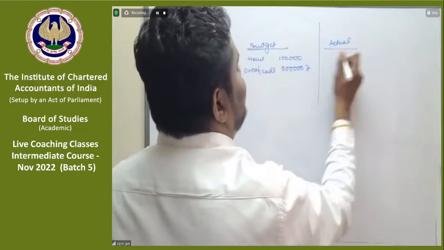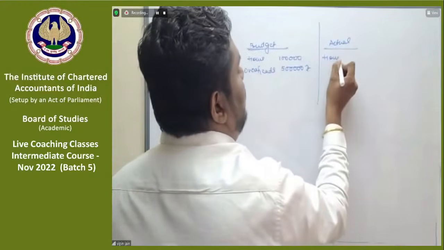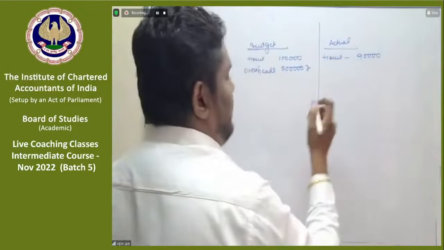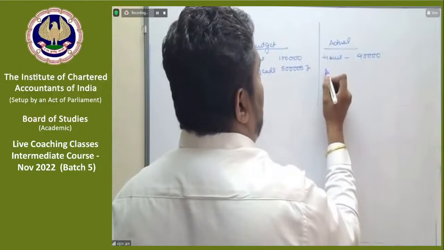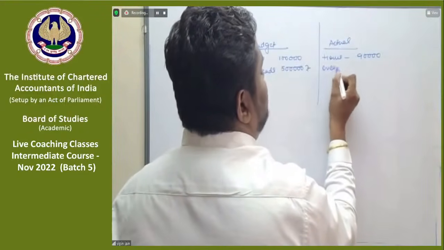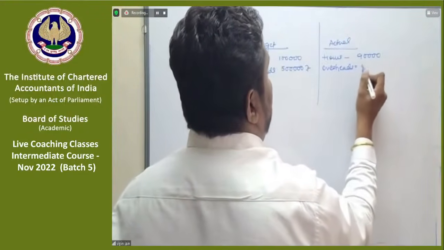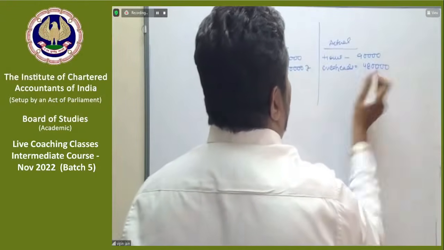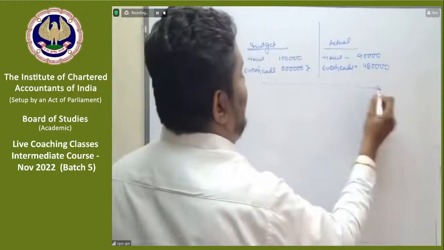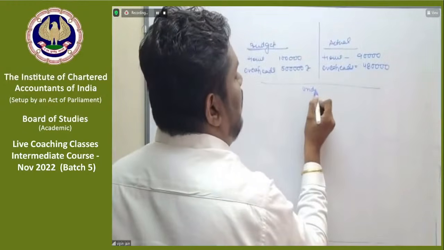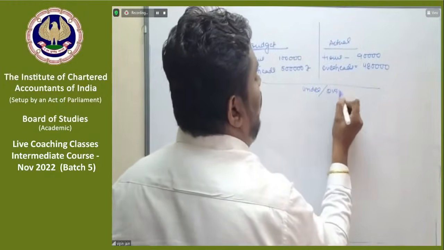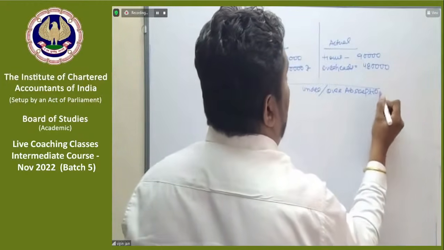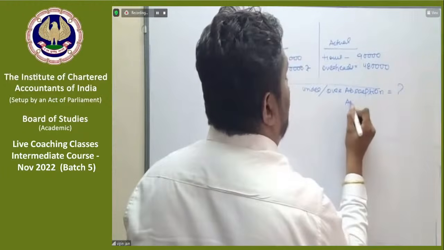My actual data is also given: hours are 90,000, and actual overheads are 4,80,000. I want the final amount of under or over absorption, and the amount.